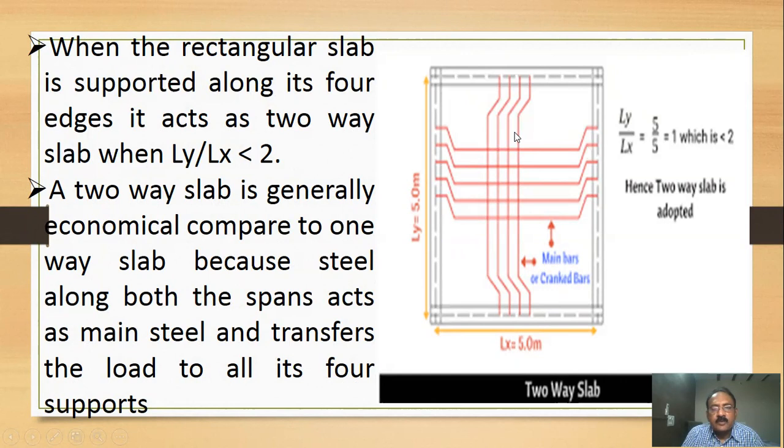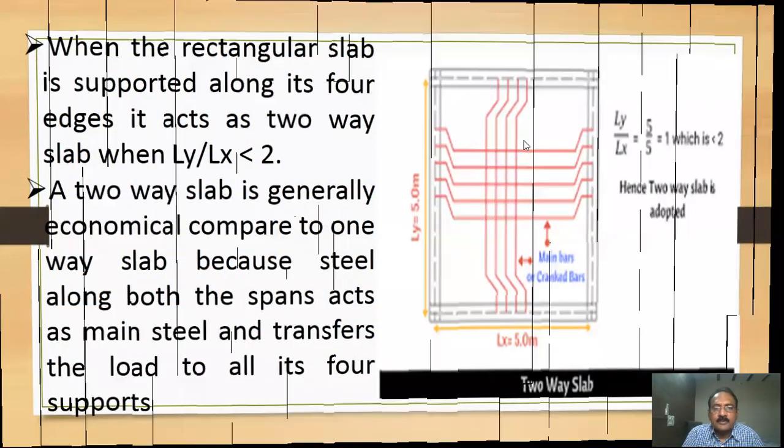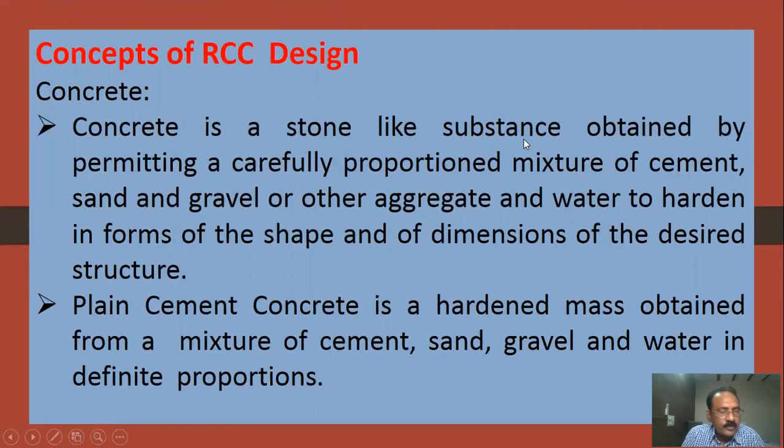First we studied foundation, how to design, what is soil, and planning of columns, position and orientation of the columns, and position of the beams. Next, slabs. Next we have the concept of RCC design. These are very important topics.